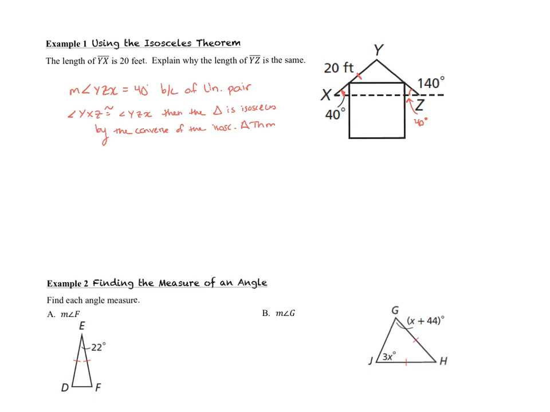So I know that XY is congruent to YZ. Since XY is 20 feet, then YZ is 20 feet.